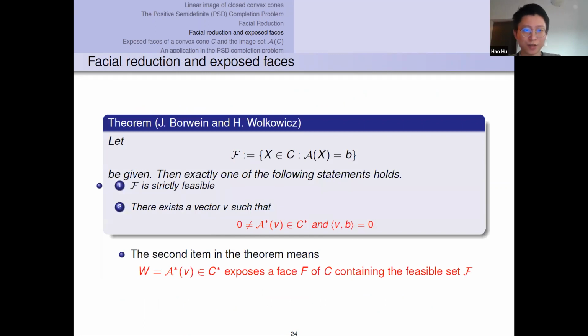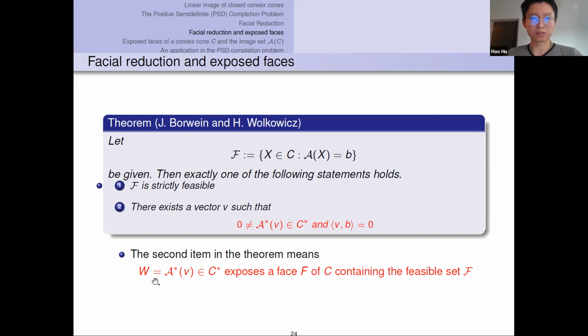Okay, so now the connection between facial reduction and exposed faces. We have stated the theorem of the facial reduction algorithm here again. This auxiliary system solved by the facial reduction algorithm essentially says that this vector W exposes a face F of the cone C containing the feasible set.